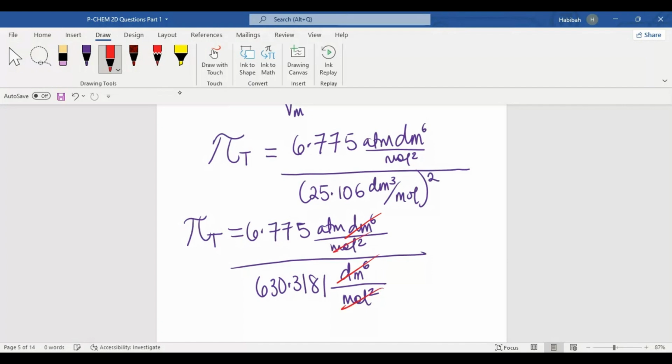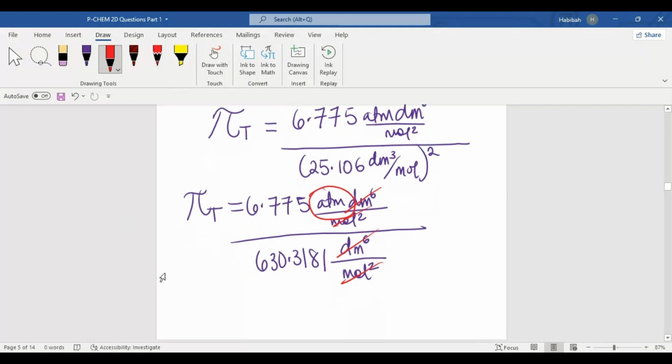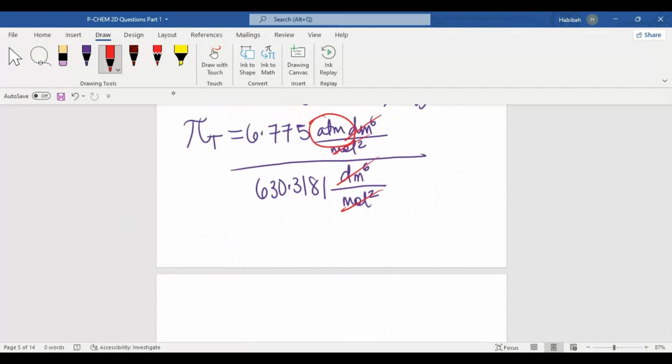What you end up remaining is atmosphere, which makes sense since we're finding the internal pressure, so the units have to match. So pi sub t is equal to 6.775 atmosphere divided by 630.3181. That's just going to be 0.010749 atmospheres. So yeah, that's basically how it's done.